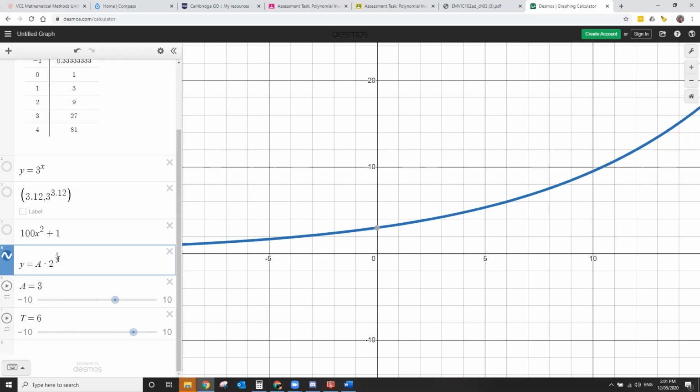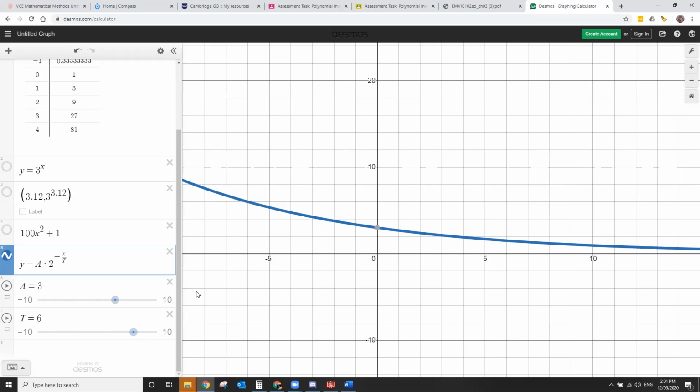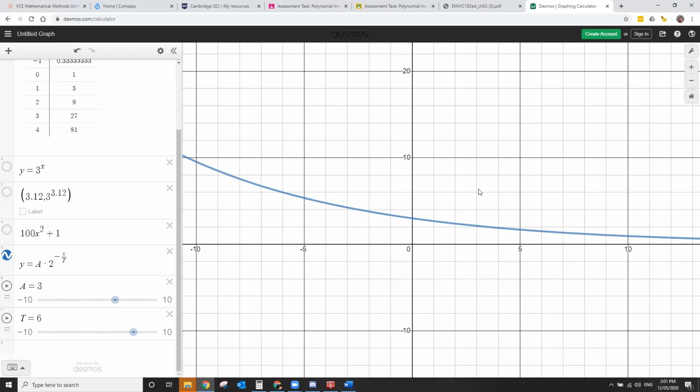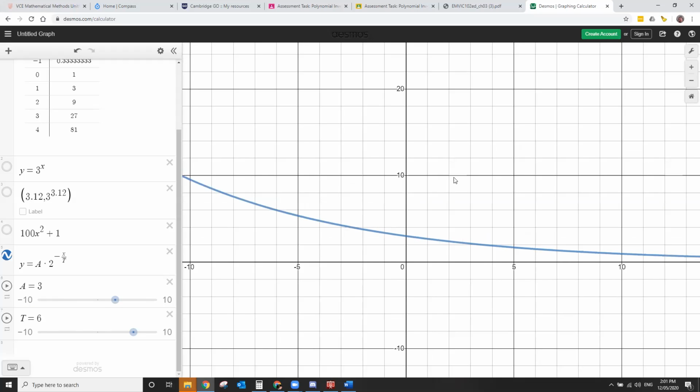So if we have a graph with a negative sign up here, then we actually reverse it in the horizontal direction. Now, why would that be? Well, now we're saying as x gets bigger, we're going to a more and more negative power. So first we're putting t to the power of -1, then -2, then -3, then -4, and so on.